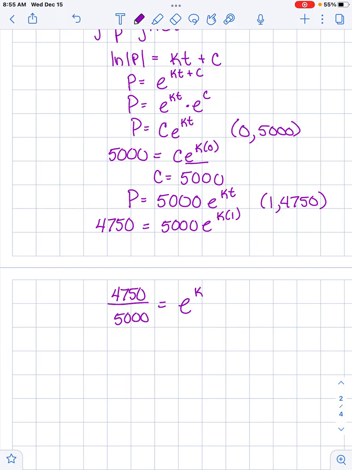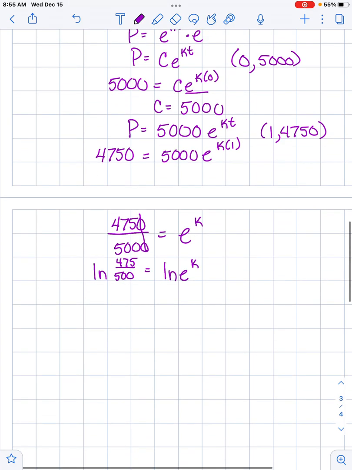Now what I'm going to do is isolate that k by applying the natural log to both sides of this equation. So I have the natural log of 4,750 over 5,000, and I'm going to take off one of those zeros to reduce this a little bit. And the natural log of e to the k. What that does then is it brings the k out in front of this natural log.